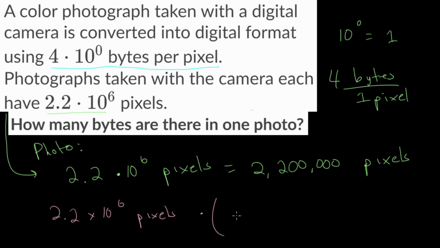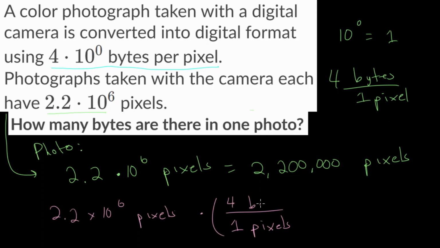Now, when carrying out this conversion, since we want to cancel out pixels and it's in the numerator, we want to put pixels from this rate in our denominator so that they cancel out. Pixels divided by pixels is just 1. Units cancel just like numbers. So for this rate, we would have 4 bytes for every 1 pixel.